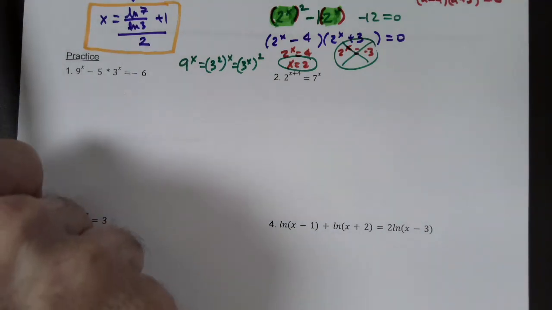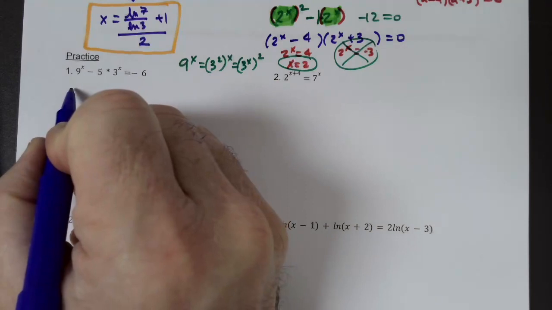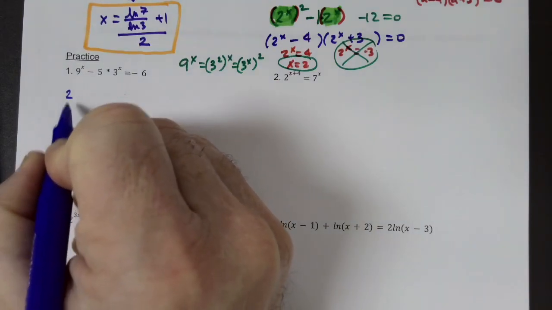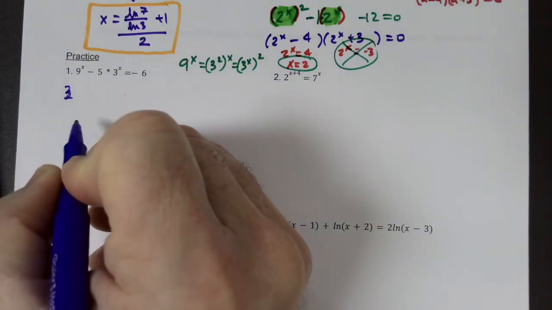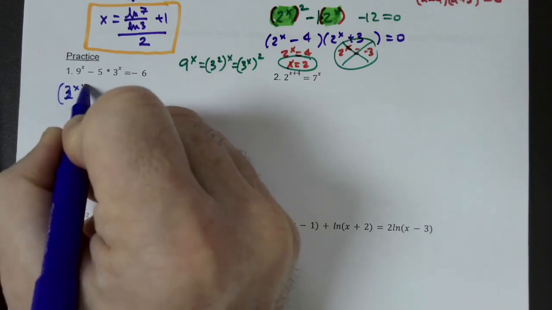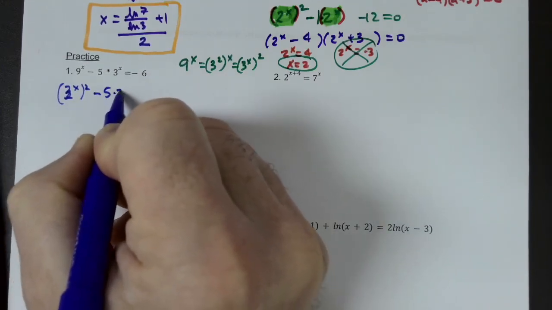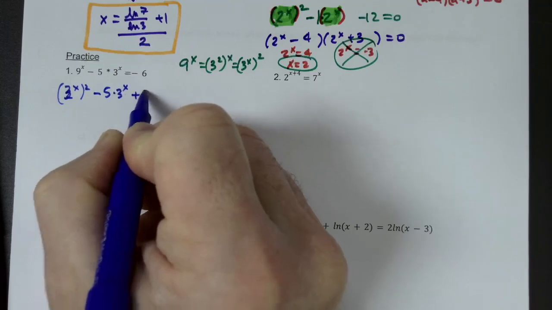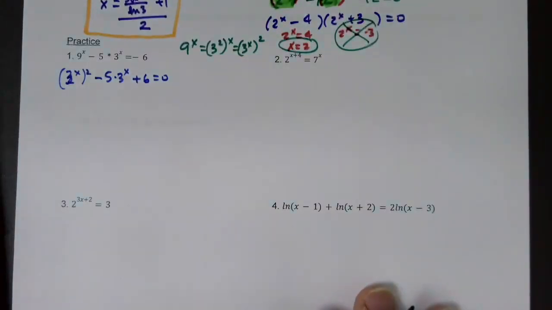So let's go ahead and use that right here and write this as 3 to the x quantity squared minus 5 times 3 to the x, and then plus 6 equals 0.